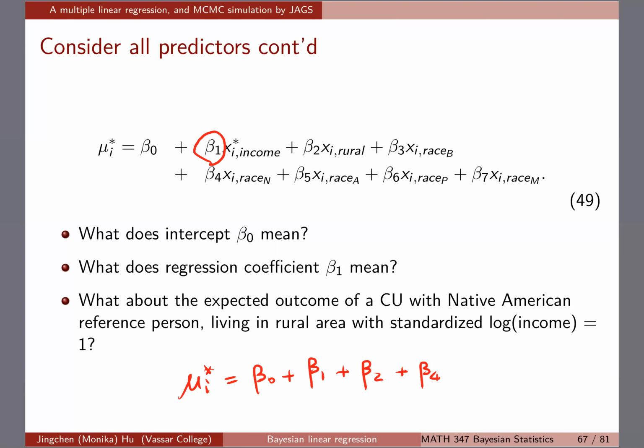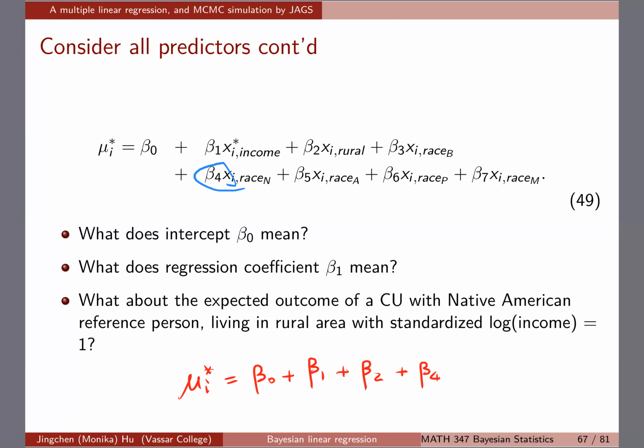So let me erase this one. Here we want a Native American reference person, so we should select this to be 1, like x i raised n is 1. So n stands for Native American here. So beta 4 should be included.